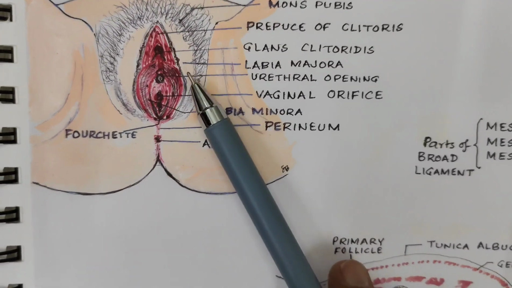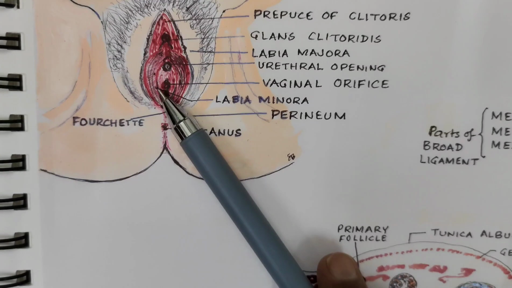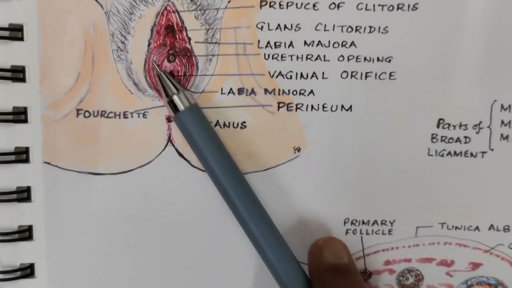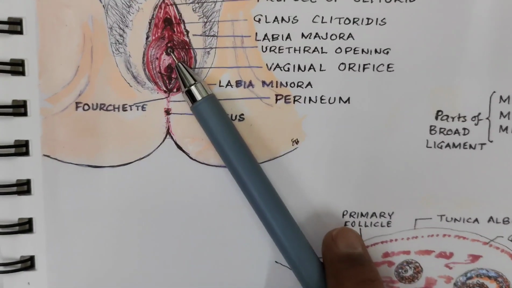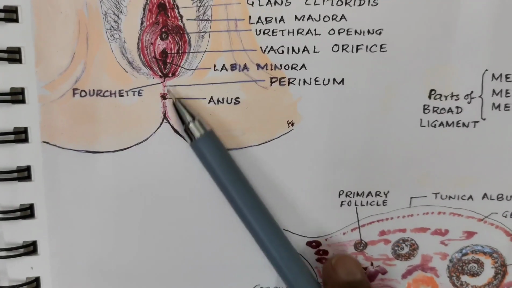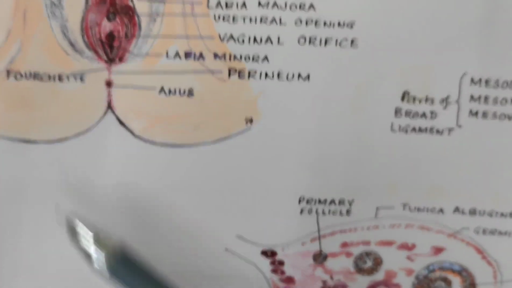This is the labia majora. Labia majora are the greater lips, labia minora are the lower lips. This is the urethral opening and this is the vaginal orifice. Now this part is called the perineum. Here you see the anus, and here there is the fourchette.